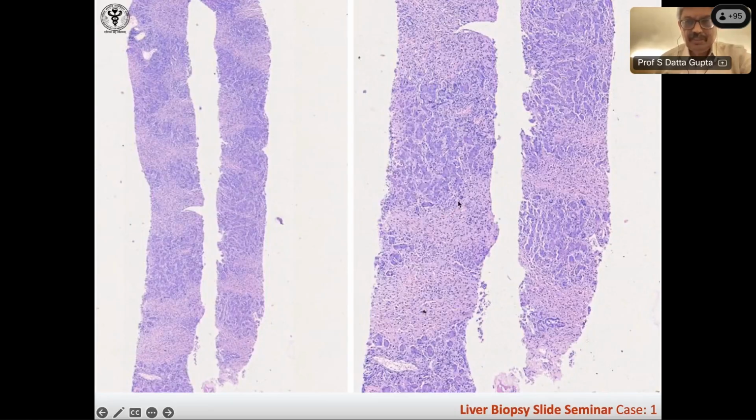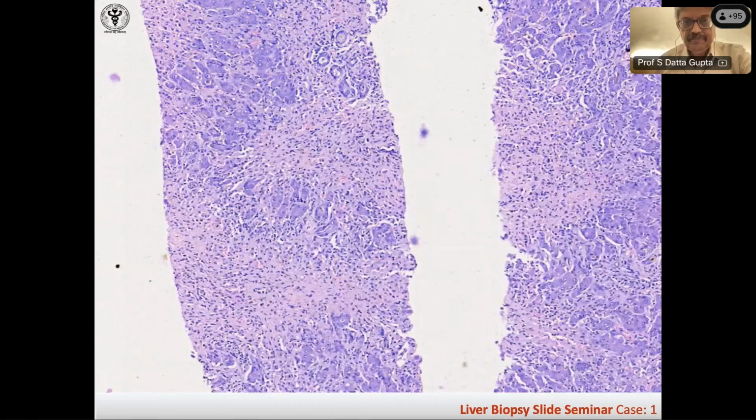So these are the liver biopsies that were given to you. 2 cores are here. This is in a little higher power.